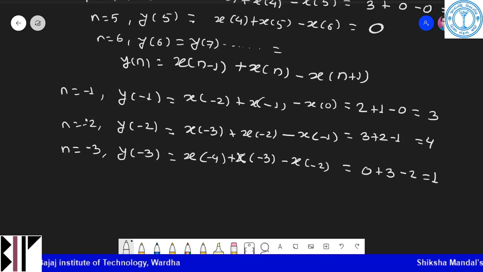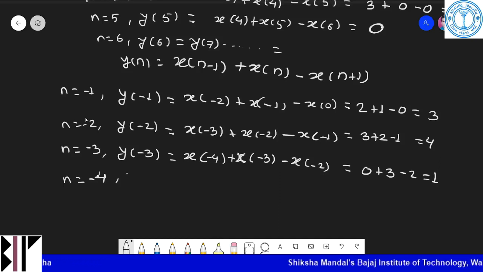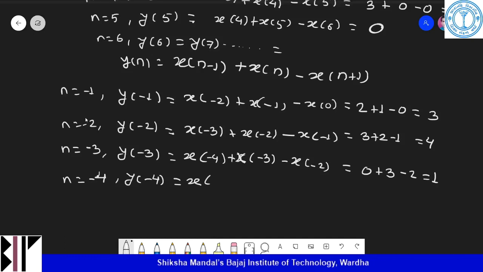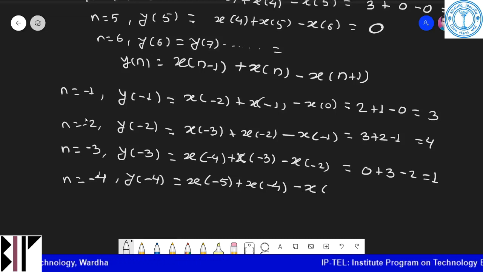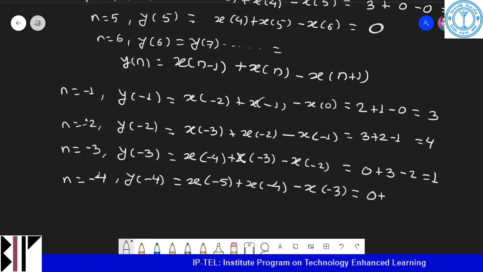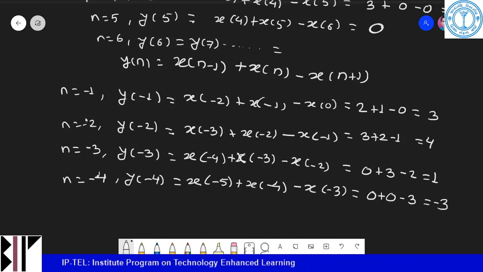n is equal to minus 4. So y of minus 4 is equal to x of minus 5 plus x of minus 4 minus x of minus 3, which is 0 plus 0 minus 3, which is equal to minus 3. n is equal to minus 5.